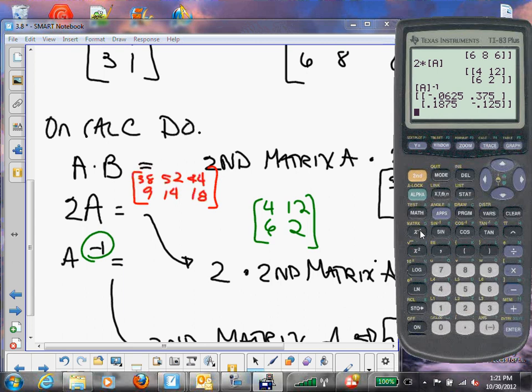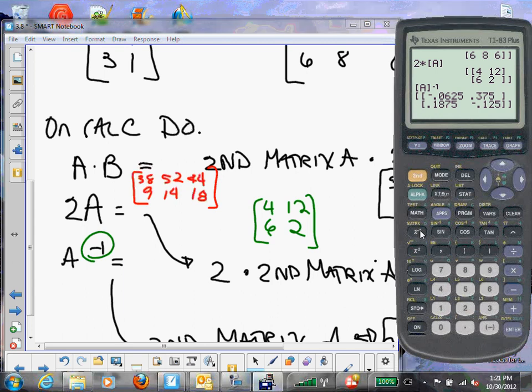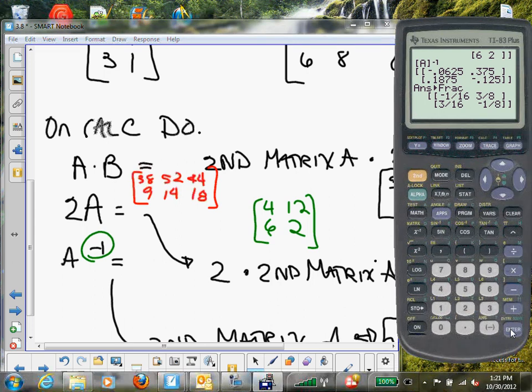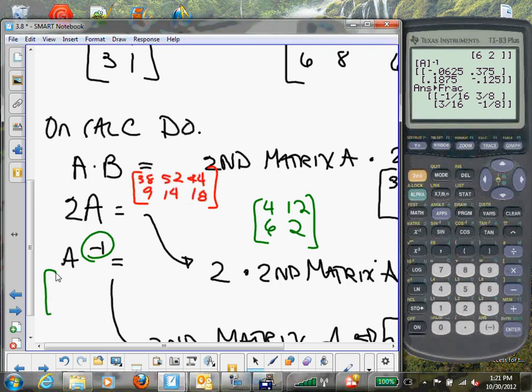Now, I don't like this. This is a mess, right? But guess where we can go to change it from this decimal? Math, Frac. There we go. Sure, it is easy. Why do they teach you doing it without a calculator? Well, the calculator can do anything for you.